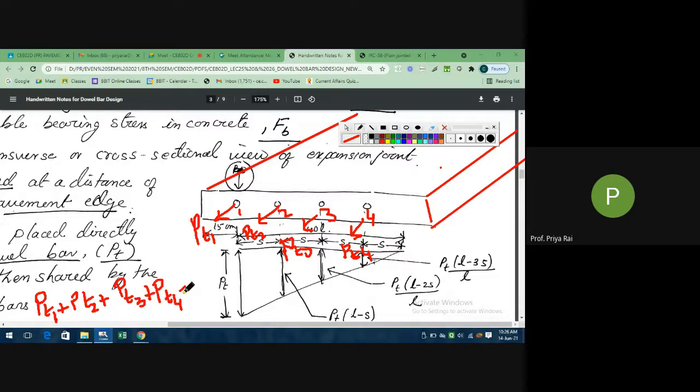As per the design, if this load is P, then what is the load transferred by all these dowel bars together? That is PT1 plus PT2 plus PT3 plus PT4. What will be the value of this?